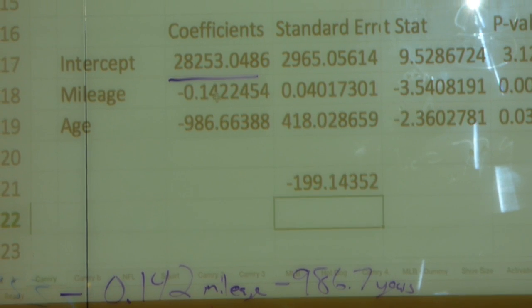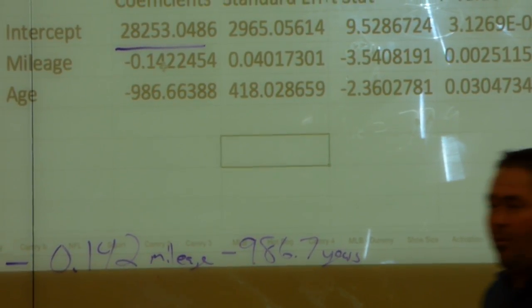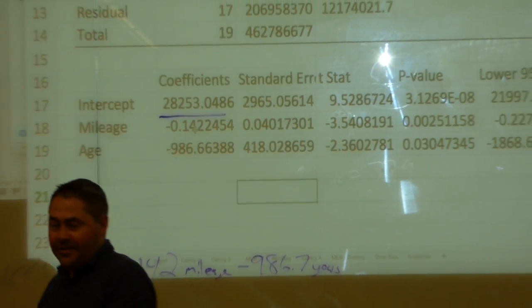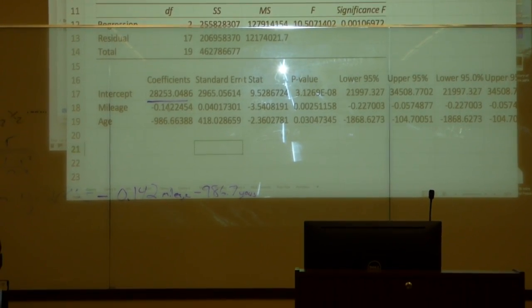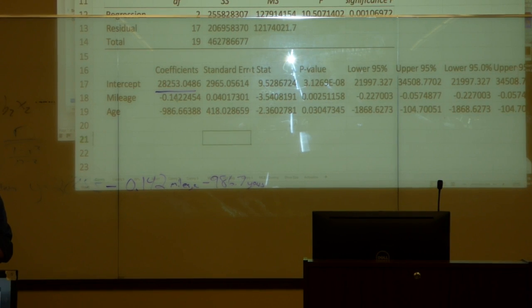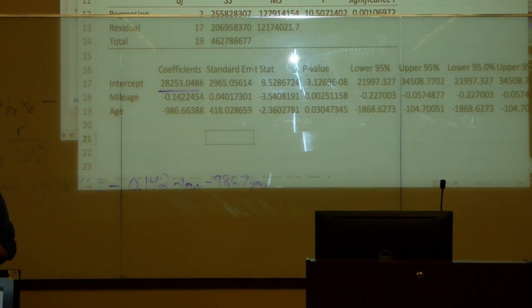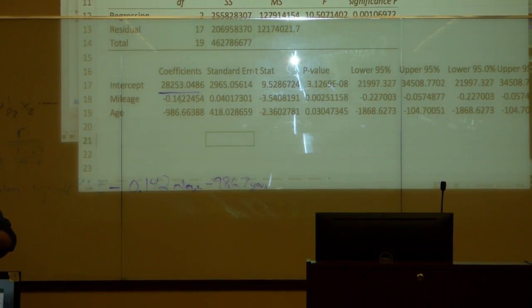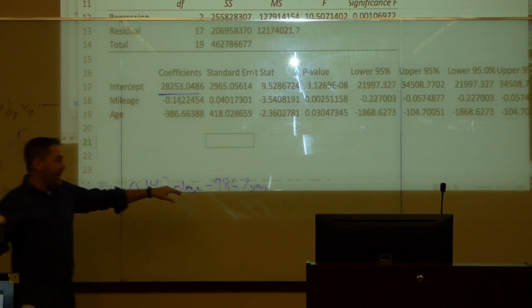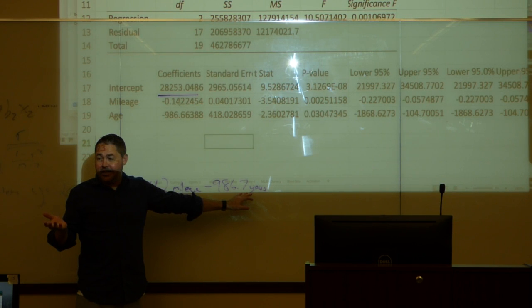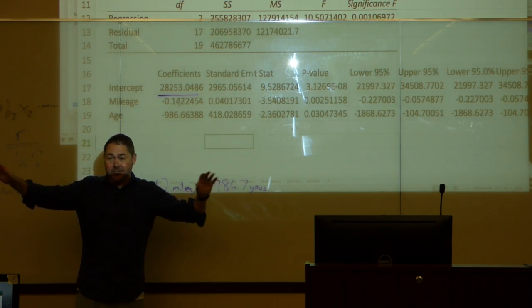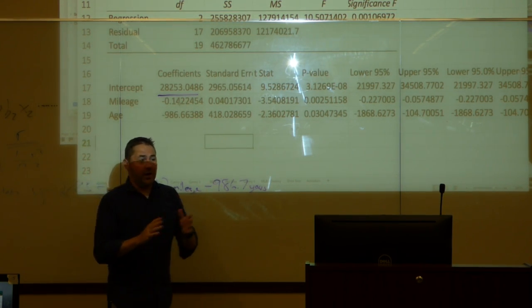Okay? Likewise, if 1 year goes by, if Brian becomes a year older, his car does too. What happens to the value of his car? Increase year by 1, the value of your car goes down by $986. Even if you don't put any miles, because this is holding all else equal.